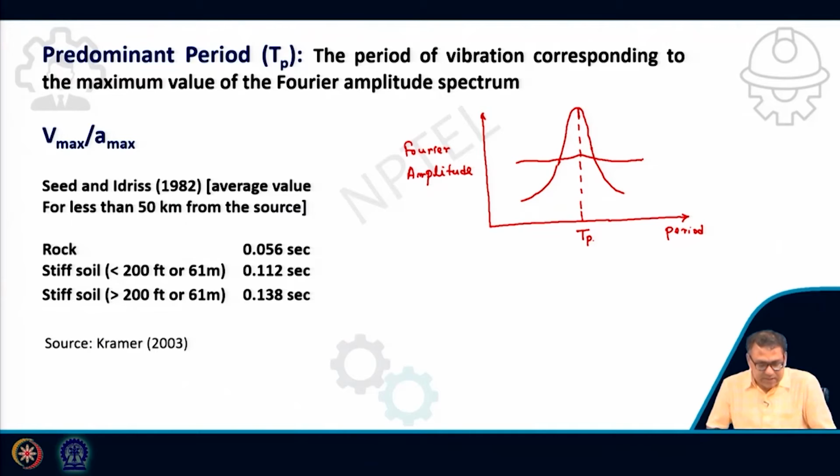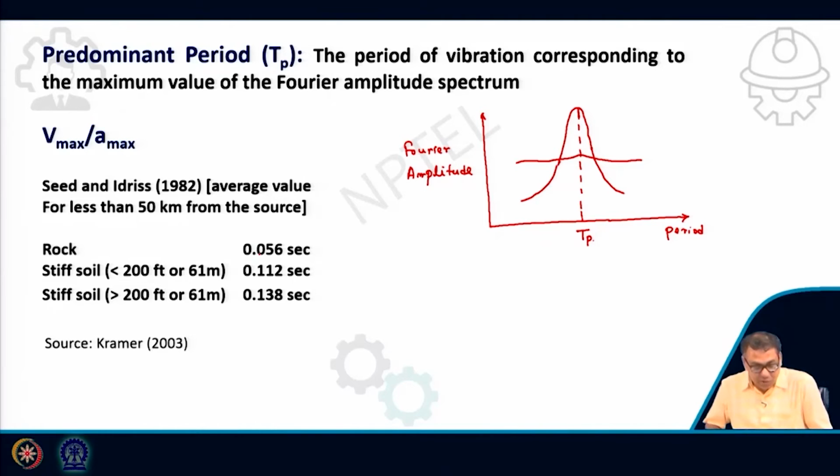Now Seed and Idriss provide some average values for less than 50 km from the source, for different types of soil and rock, for this Vmax by Amax value. The unit will definitely be seconds.